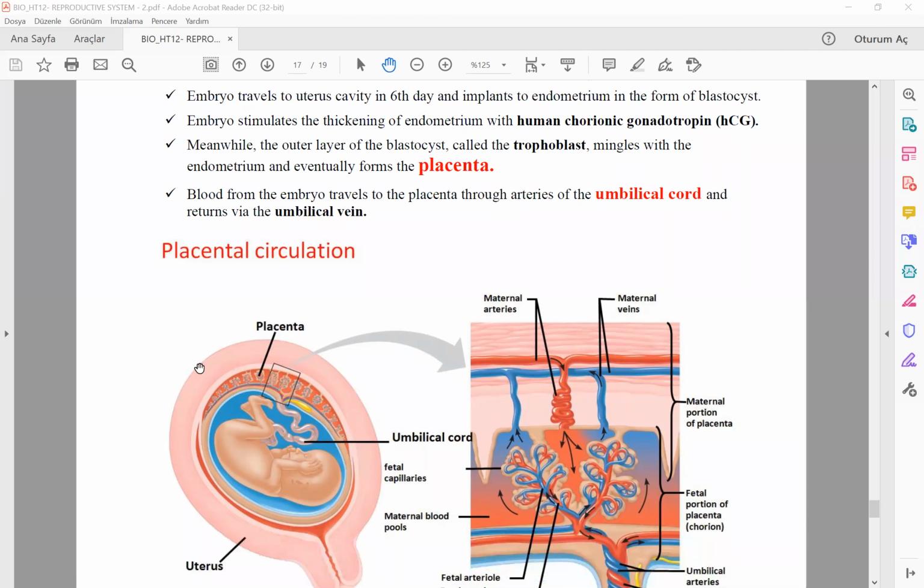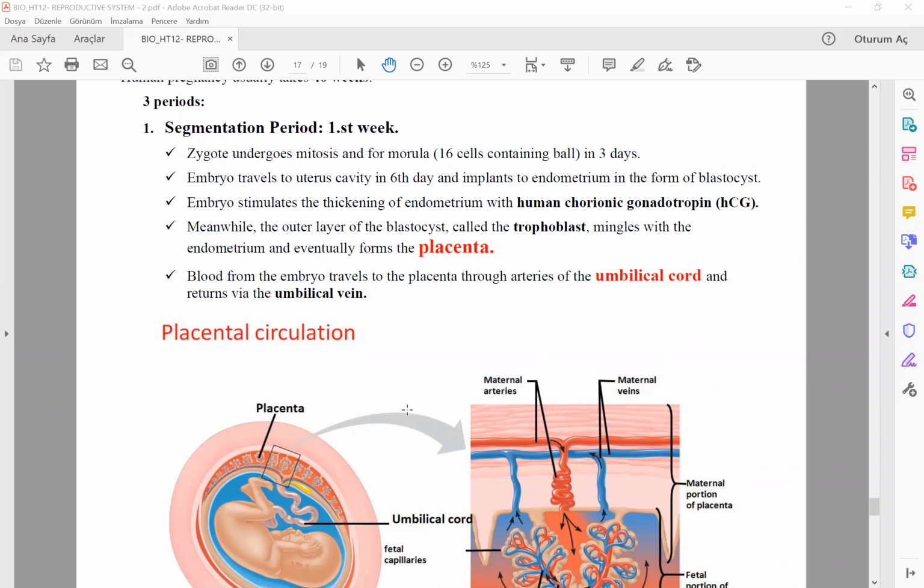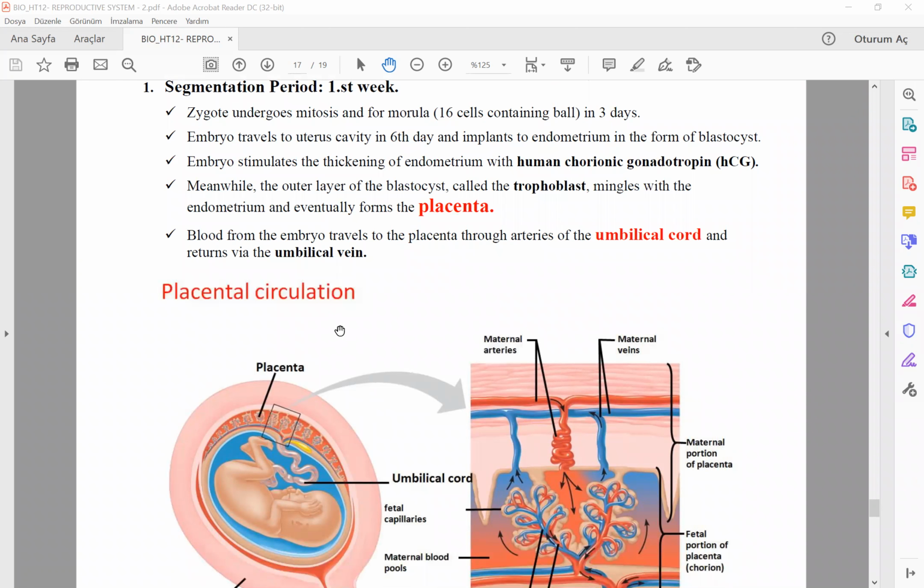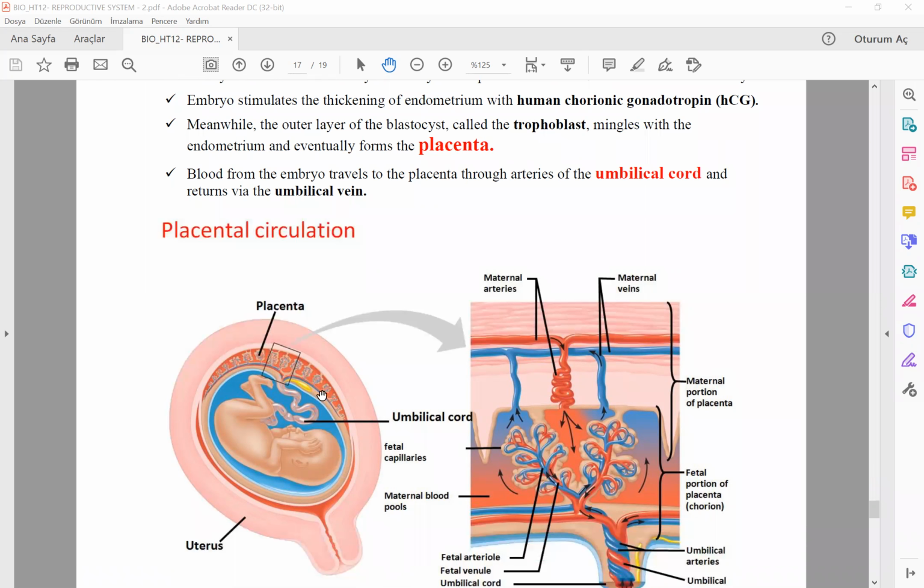But when the placenta forms after the 4th or 5th week, the placenta forms from the trophoblast, and in this placenta there are blood vessels.